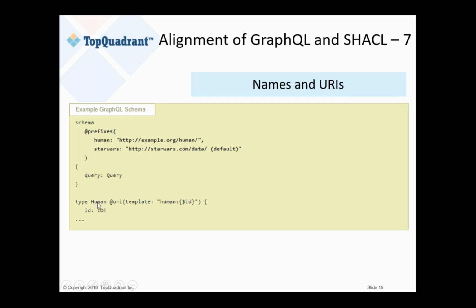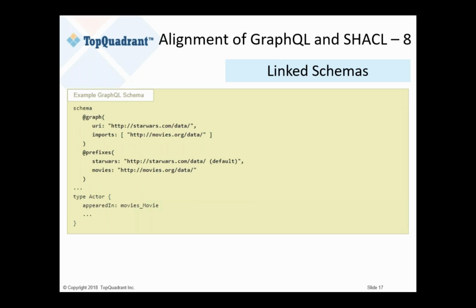So human, for example, would be turned into HTTP Star Wars, etc., /human. And this again allows you to start with GraphQL if you're more familiar with that. You just put a couple of annotations into your GraphQL schema, and the system can then figure out what RDF resources it needs to produce or it maps to.